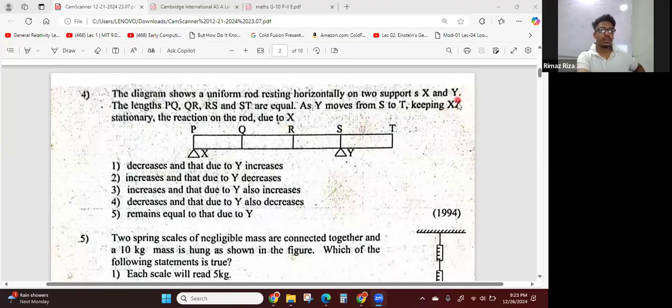There is no Z. So here X, Z should not be there. So keeping X stationary. Okay.